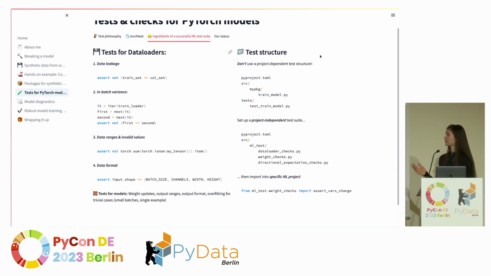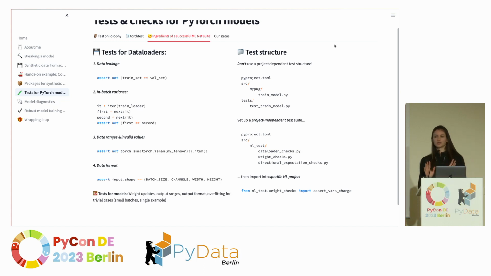This is not really helpful for machine learning because you will basically end up writing the same tests over and over again. And this is just a little bit of a waste of time. Also, it kind of brings the danger that you're over-engineering your tests to the model that you're currently trying out. And this is not really what we want from our machine learning tests.